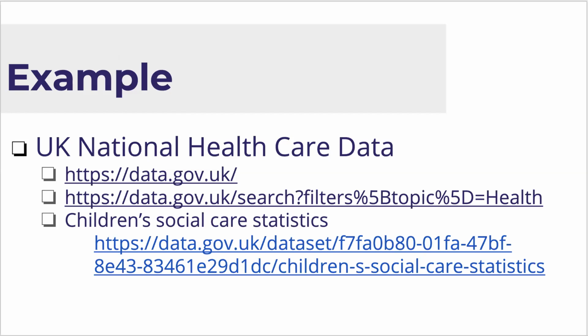I've presented here on the slide a couple selections from the United Kingdom's national healthcare data. Now, this is what we call a rich data set because it's got a lot of stuff in there. The United Kingdom has the National Health Service, and because the government has this large public healthcare system, they have lots of stuff, by various legal mandates, that is supposed to be open and accessible to the public.